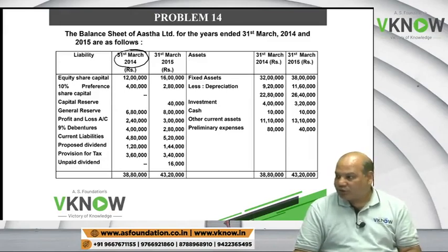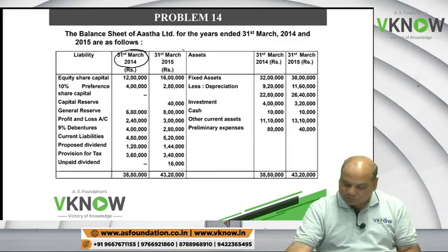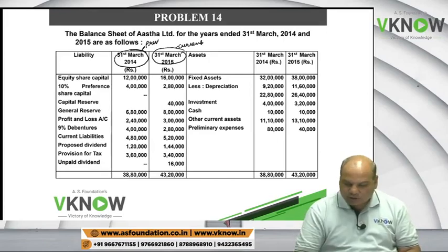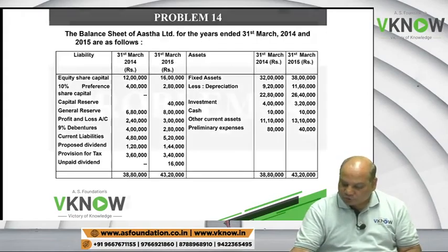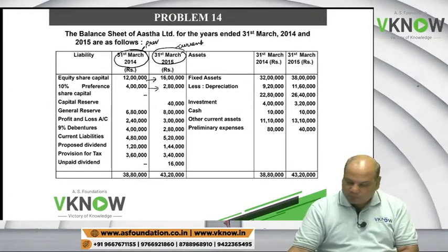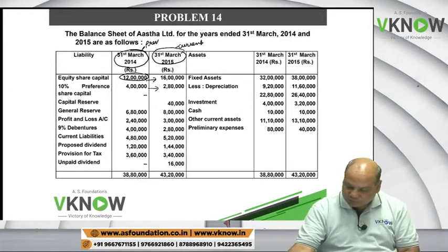This is 31st March 14 and 31st March 15. So this is previous and this is current. Very important to check. So read from left to right. Share capital you have to read like this. So share capital was 12 lakh. It is now 16 lakh.